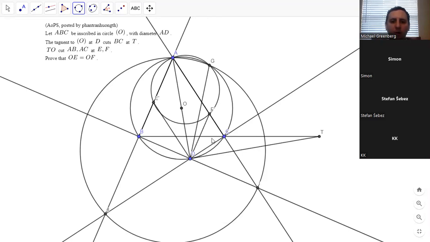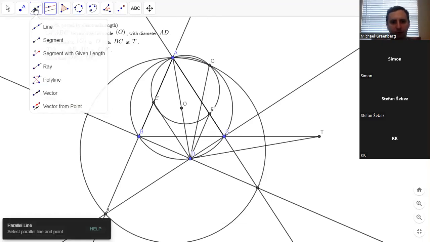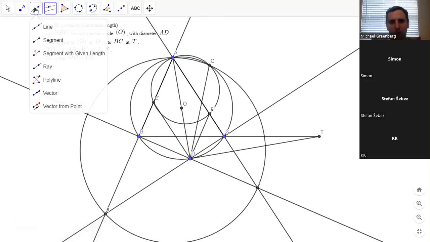And then you project through A. So what are the three that concur? BC, AG, and JI.